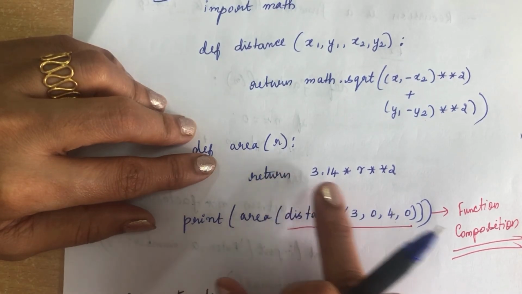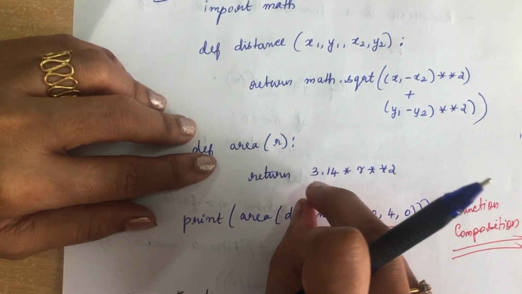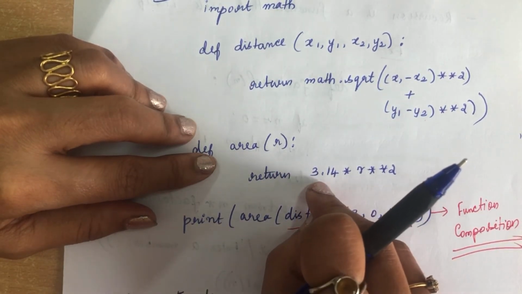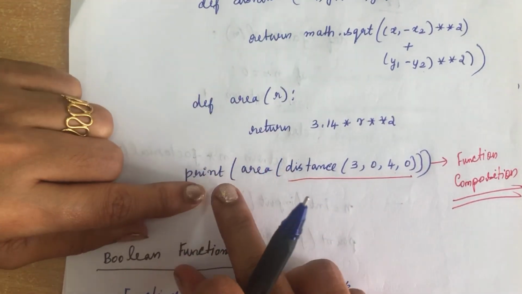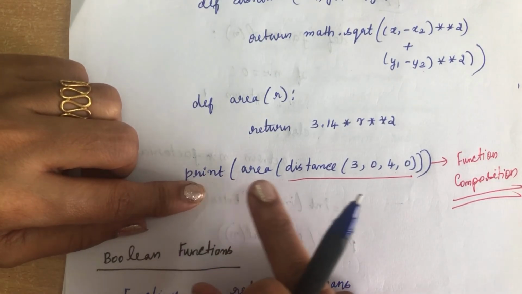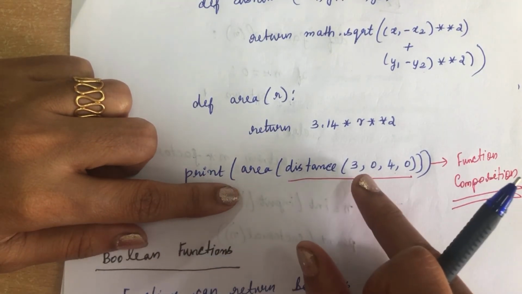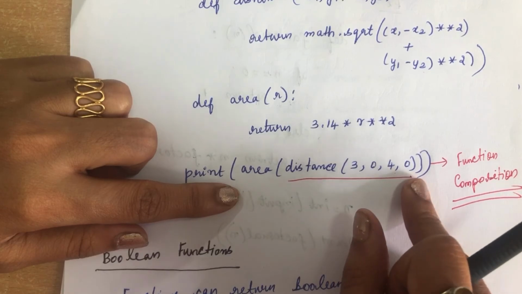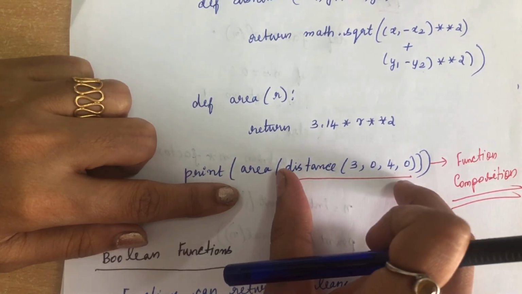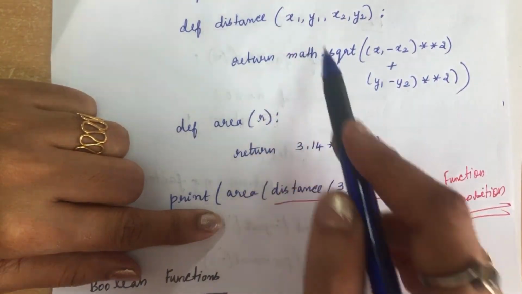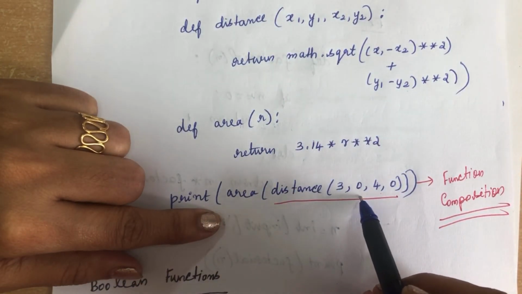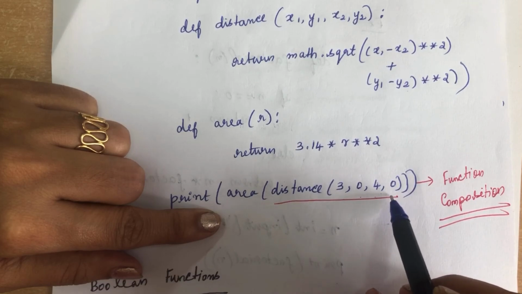The area function is going to find the area of the circle, that is pi r square, 3.14 into r square. That is what this function is going to return. Now in the main program I am writing print area of distance of 3, 0, 4, 0. First the distance function will be called, x1 will have the value 3 and y1 will be 0, x2 is 4 and y2 is 0.